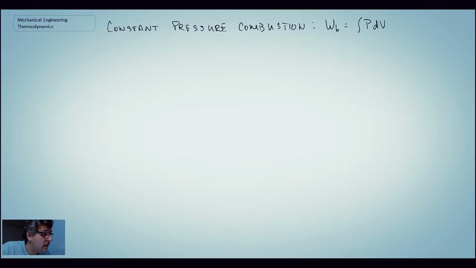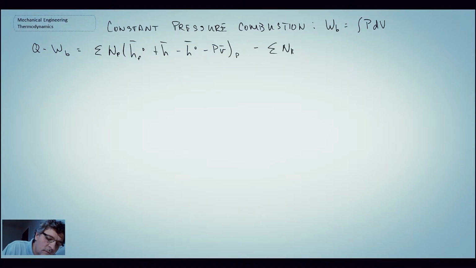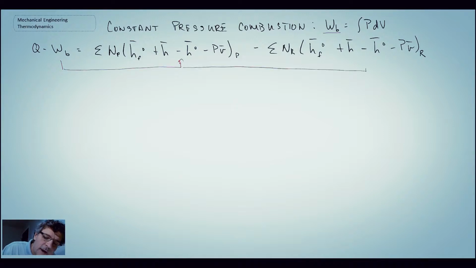PDV will exist. And so if we write out the form of the first law for the fixed mass system, we have that form there, and what we do, we take our boundary work and we basically make a substitution for there and for there, as we saw earlier when we looked at the forms of the first law for adiabatic flame temperature.